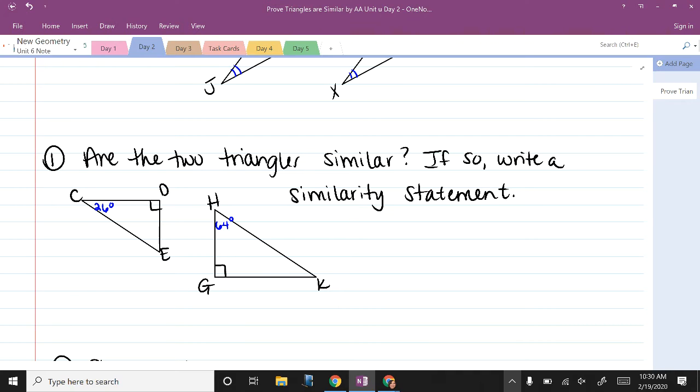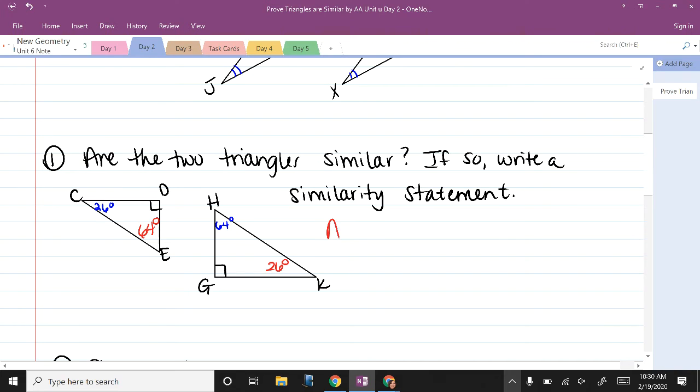What's the measure of angle E? 26 plus 90. Or actually, I can just do 90 minus 26, right? Right? Congruent complements theorem. 90 minus 26 is how much? 64 degrees. Whoa. So that means angle K is what? 26 degrees. So are they similar?